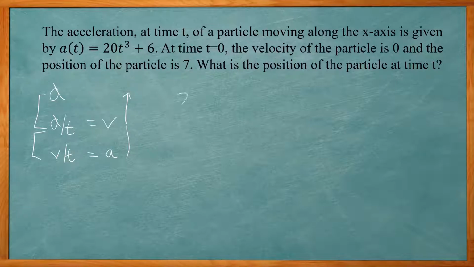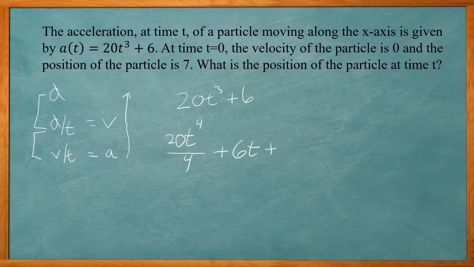So if we start with 20 t to the third power plus 6, we're going to take the integral of that. So we're going to raise our exponent to 4 and divide it by that value. So we get 20 t to the fourth power divided by 4. And then we're going to have 6t.